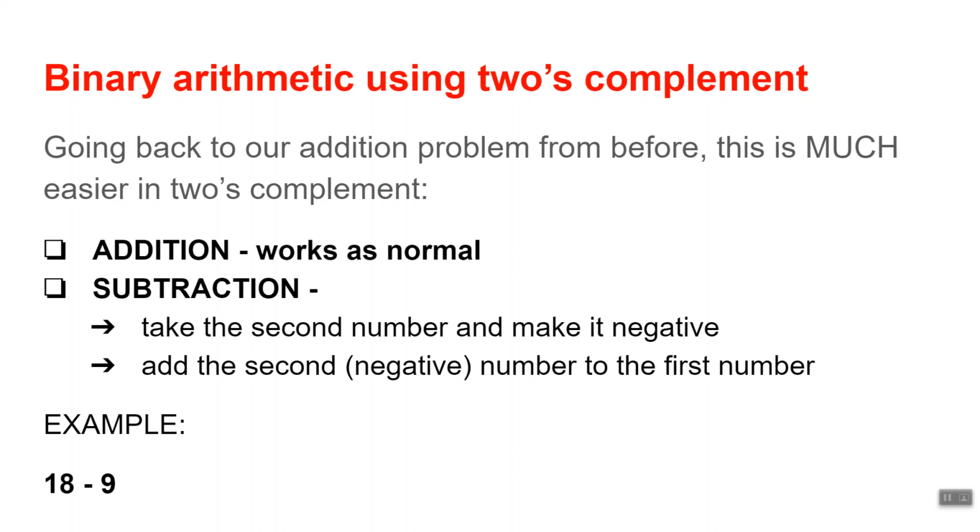For subtraction, we just do an addition again, but we take the second number and we make it negative, and then we add that negative number to the first number. So in other words, if we wanted to do 18 minus 9, instead we would do 18 plus minus 9. And you don't have to be a maths genius to see that works in exactly the same way.